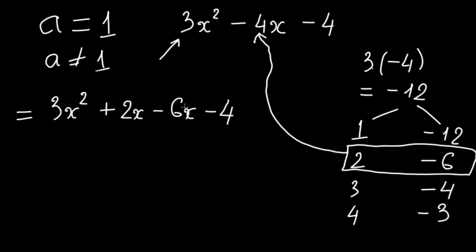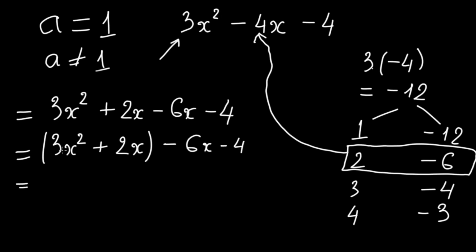Because 2x minus 6x equals negative 4x right here. So equal 3x squared, right? We group them together, this one together, and we group negative 6x minus 4 together, right?